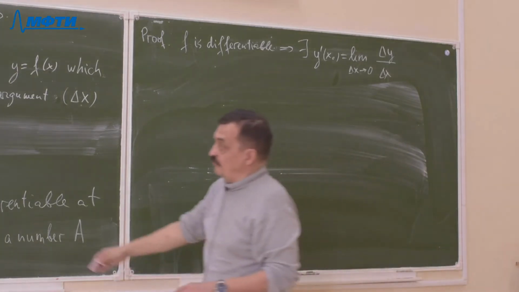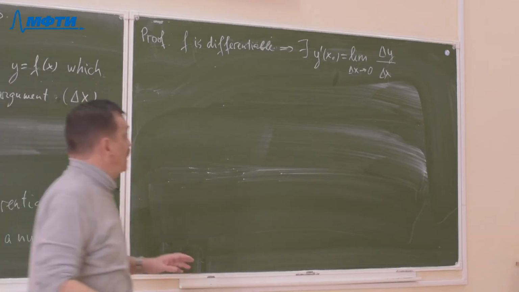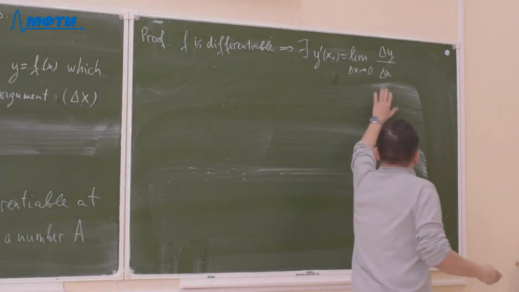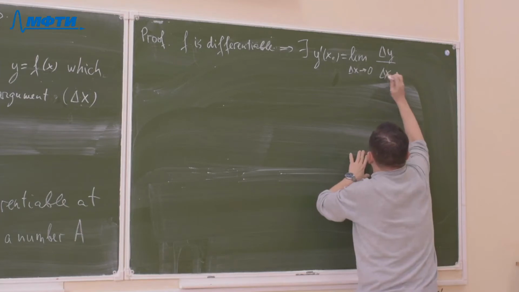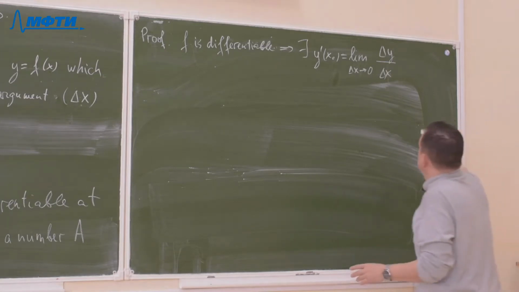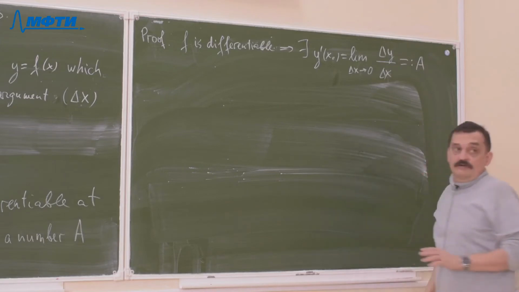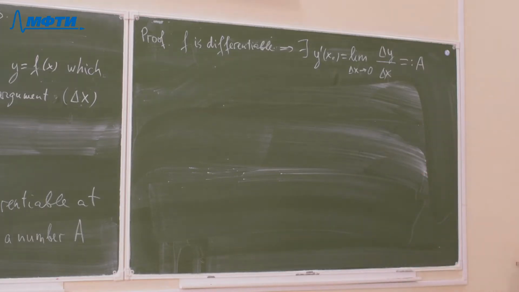With the help of our notations, that is precisely the definition of the derivative, right? Okay, put this as our number capital A. So we denote by A our derivative, in fact, right?